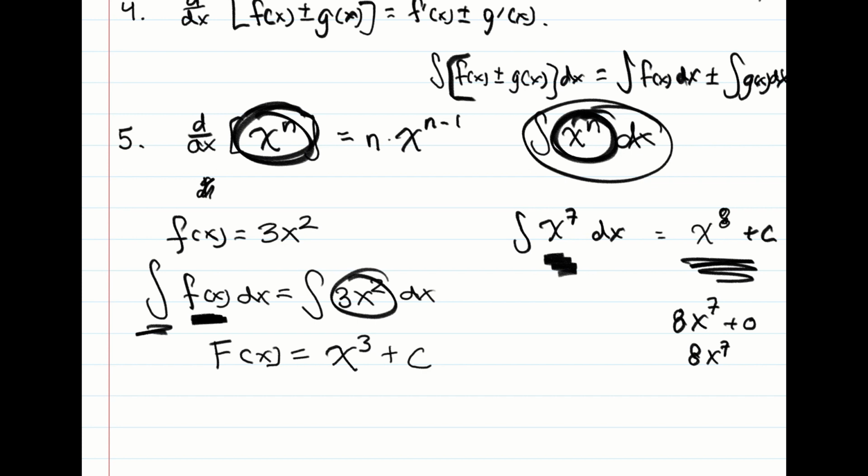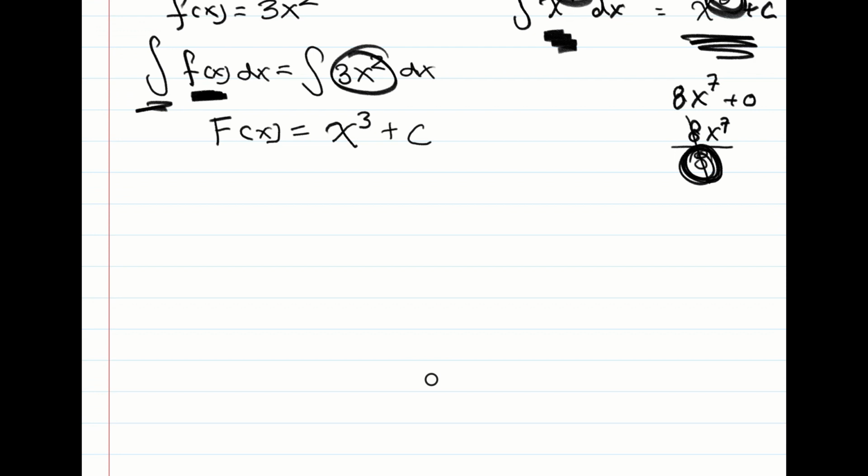If only there was a way to turn this 8 into a 1. That would only happen if we divide by 8, and this will be 1. But we cannot just introduce this 8 like this, so let's see where this 8 comes from. This 8 is nothing but n plus 1. So the formula should be this, one of the ones that you're going to be using the most.